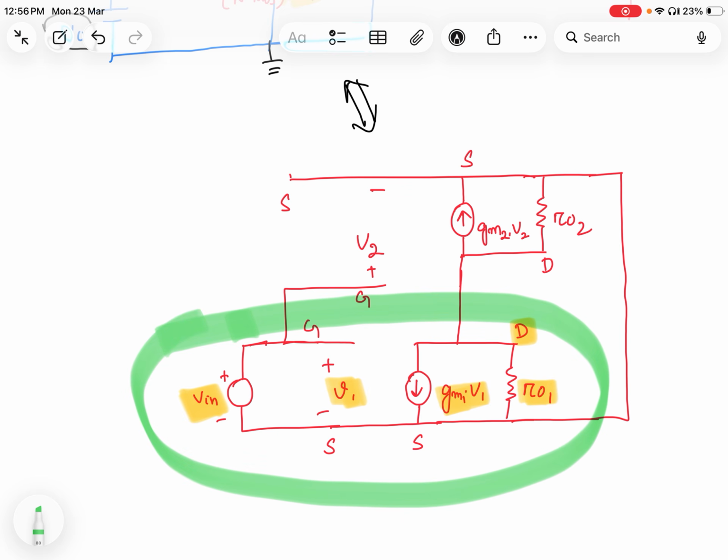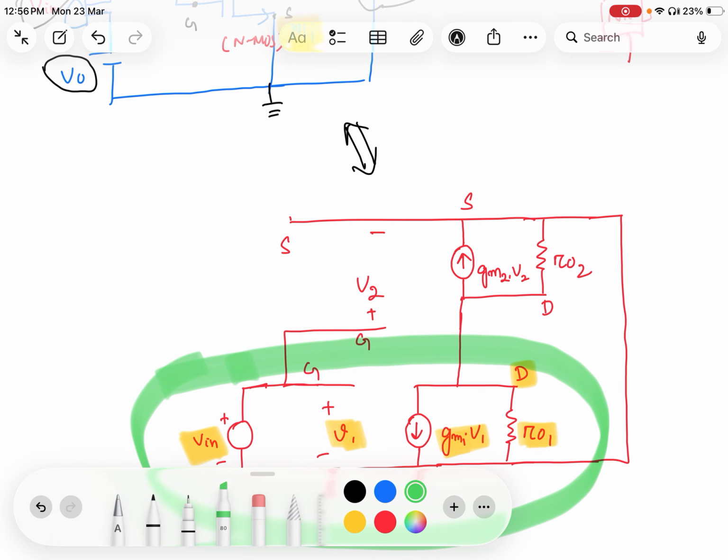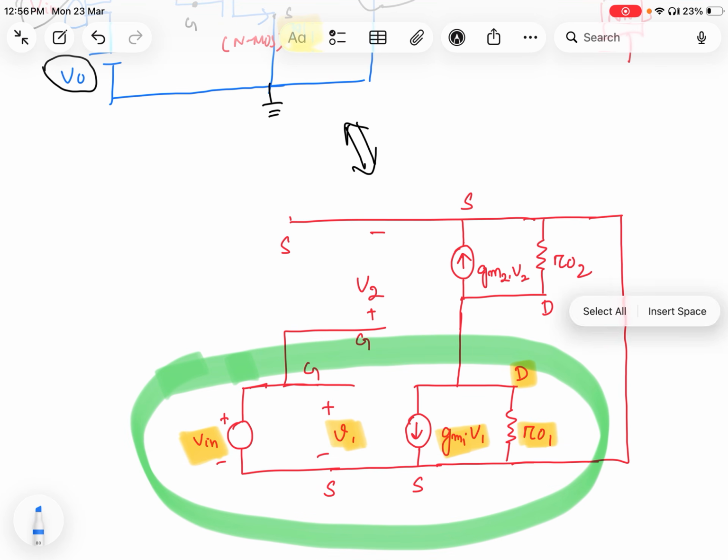Now I want to design the same for the PMOS. For the PMOS we have a gate here and a source here, and the voltage difference between gate and source is V2. Whatever the drain current is, it flows from drain to source, so this is your drain. The drain to source current is GM2 into V2, and parallel to that the output resistance is R02.